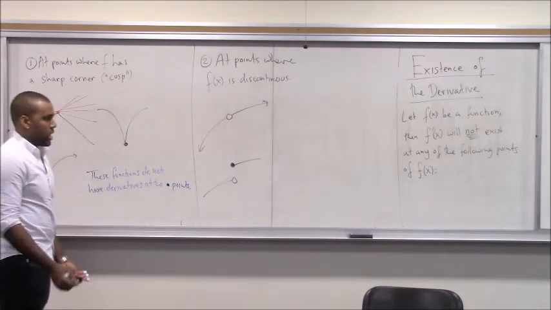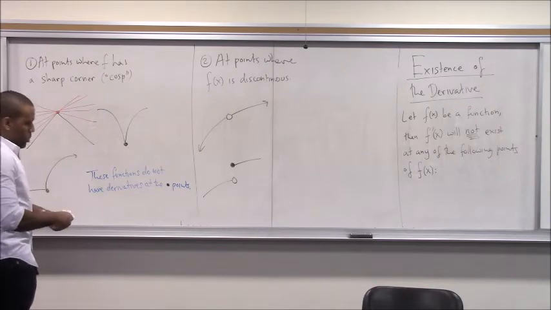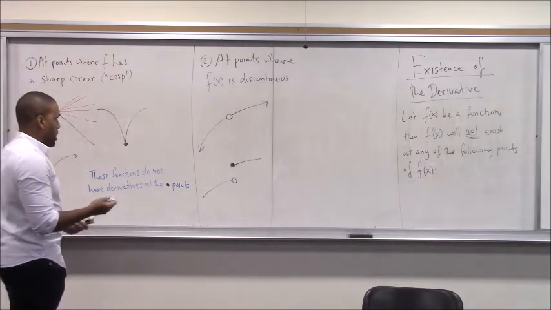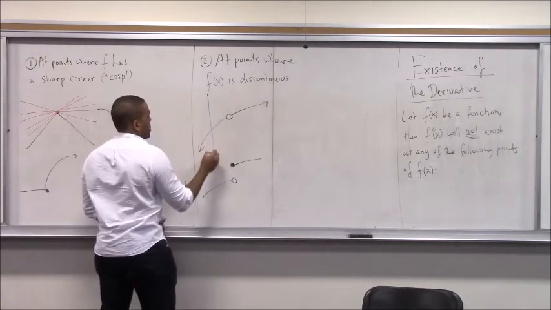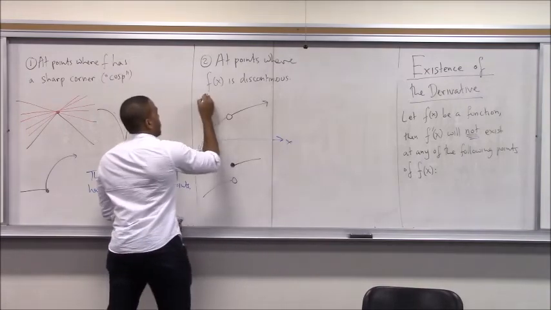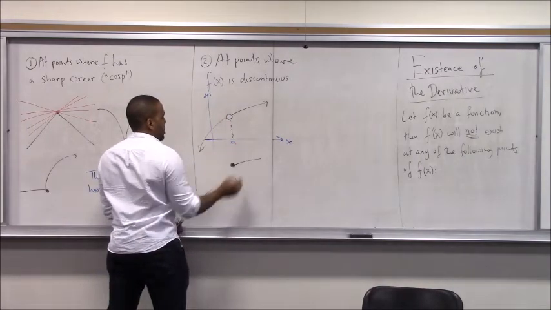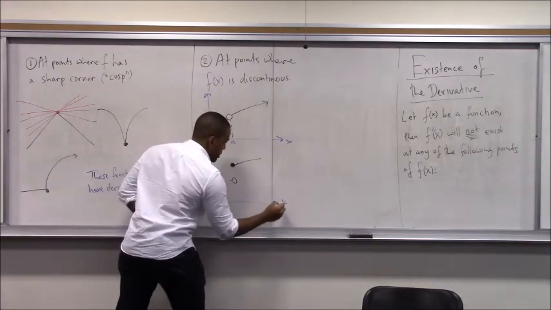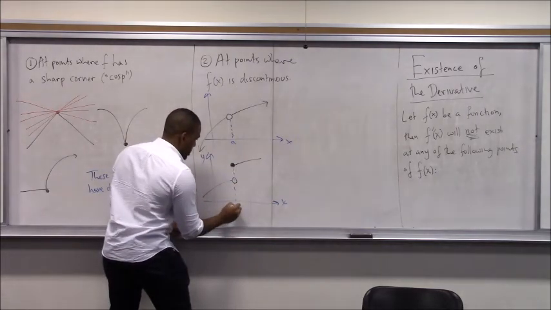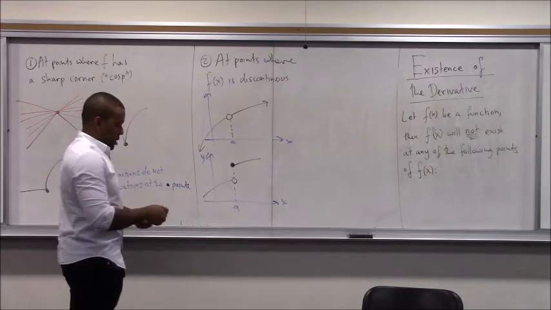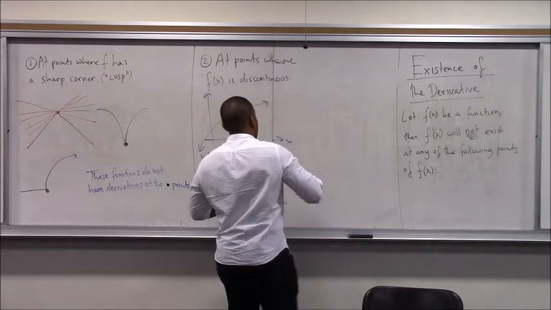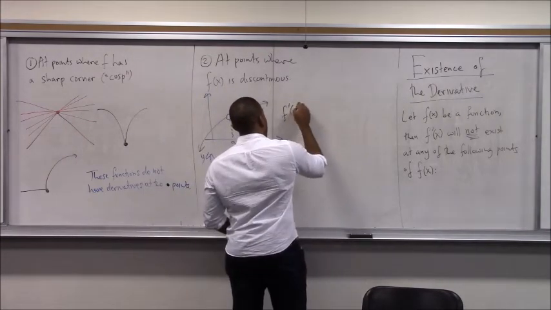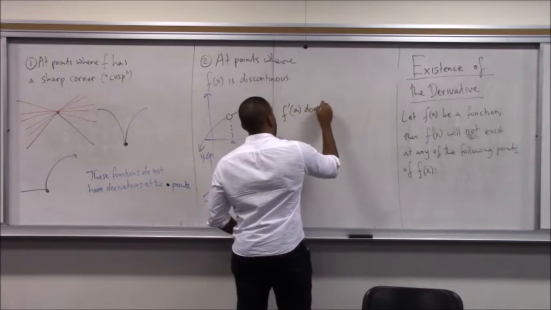It's never going to look like a straight line. So here we have the x, y plane, and then that's a. You would be able to tell here that f prime of a does not exist.